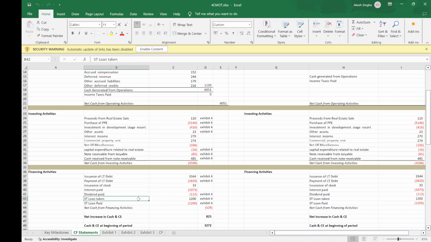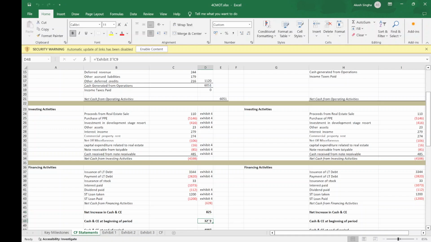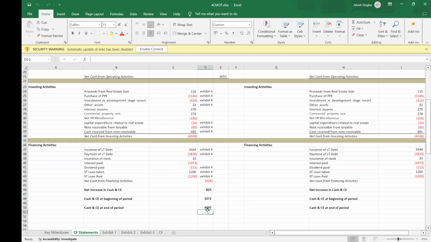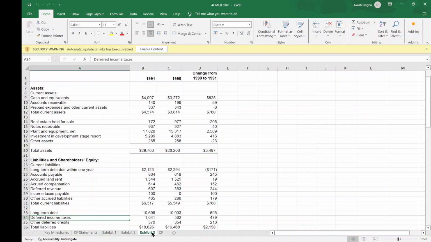Short-term loan taken was 1200 and then again it was given back. The net is this much. Then if you add these three, the net increase in cash and cash equivalents is this. And if you add the beginning to that, it will be the same as the ending. That you always have to check in Exhibit 3.